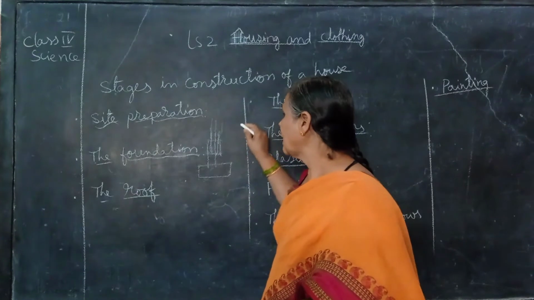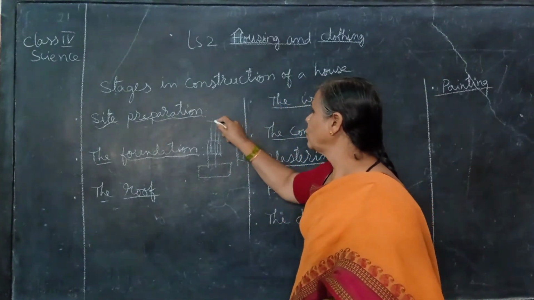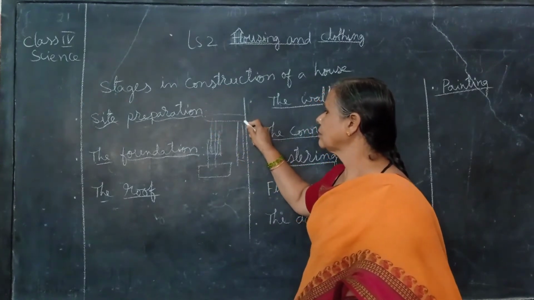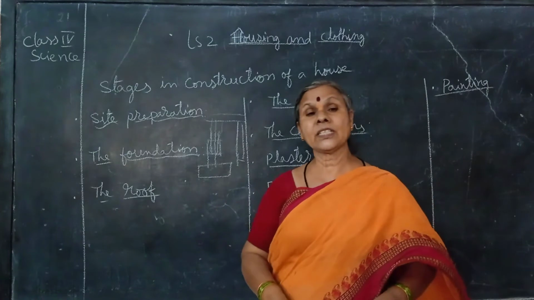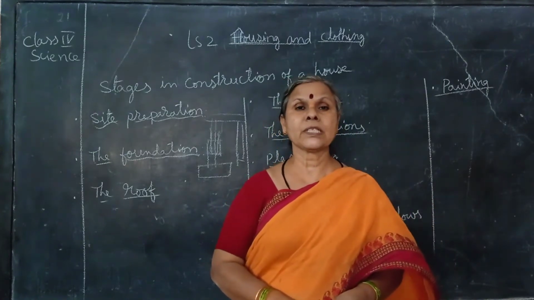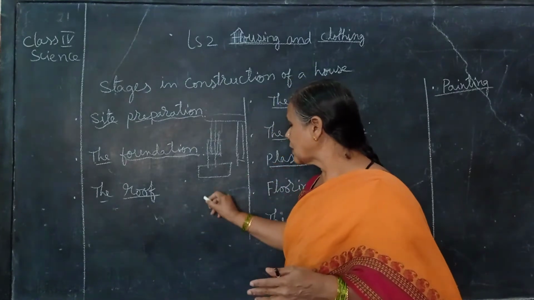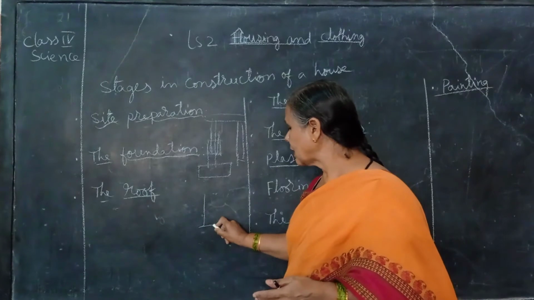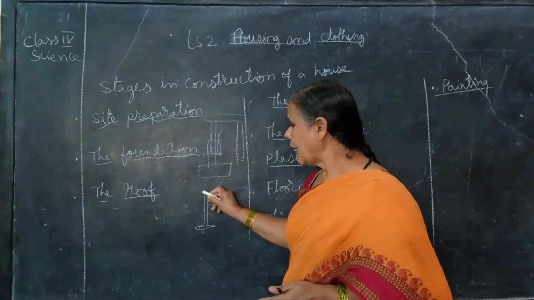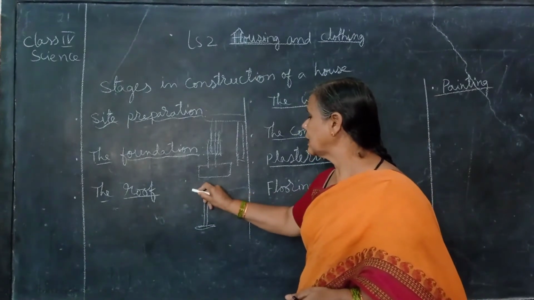Then roof. After that they will be constructing the roof. This is the top roof. They will construct with the help of iron poles. You might have seen the iron poles and iron plates are there. Iron poles are like this. You can see the support is like this. These are the iron poles, and the iron plates are also kept above this.